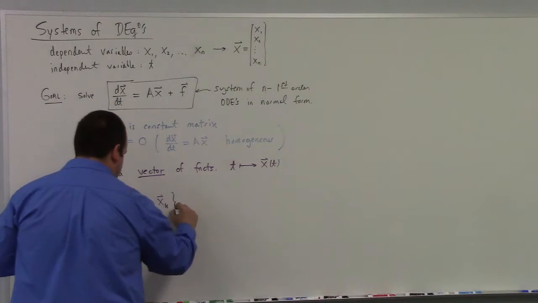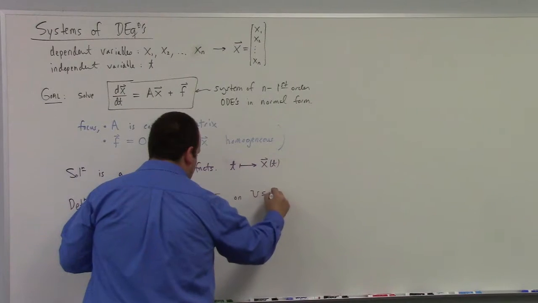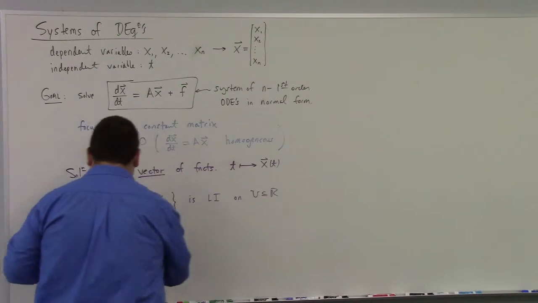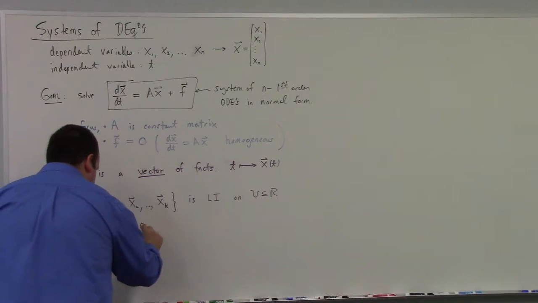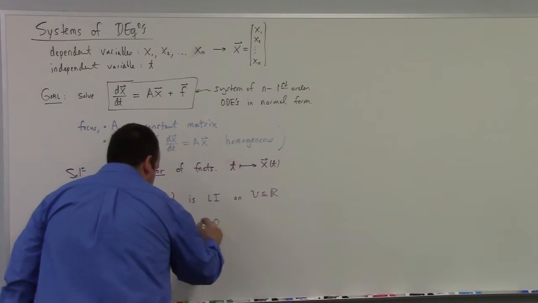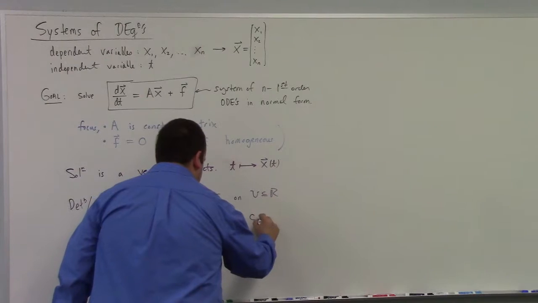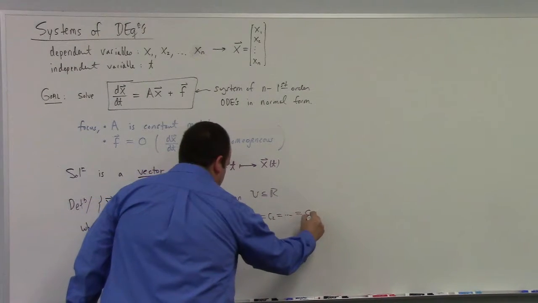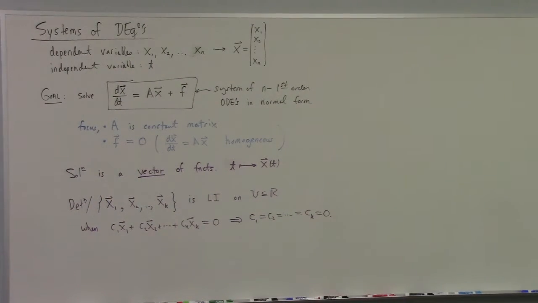This set of vector functions is linearly independent on, let's say, U, a subset of the reals, when c1 x1 plus c2 x2 plus and so on plus ck xk equals 0 implies that c1, c2, ck are all 0. In other words, if you have a linear combination of these vector functions and it's equal to 0, it must be that it was the trivial combination.